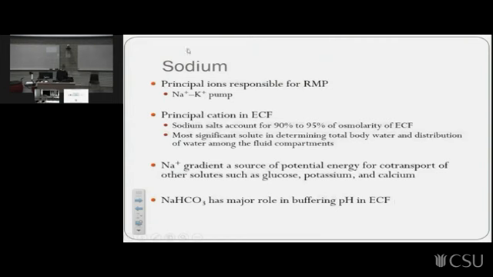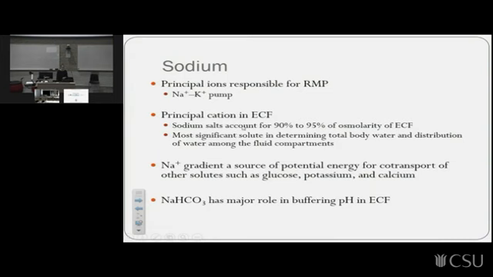So sodium. Sodium is the principal ion responsible for resting membrane potential. Remember we've got the sodium-potassium pump, so sodium comes in, potassium goes out.